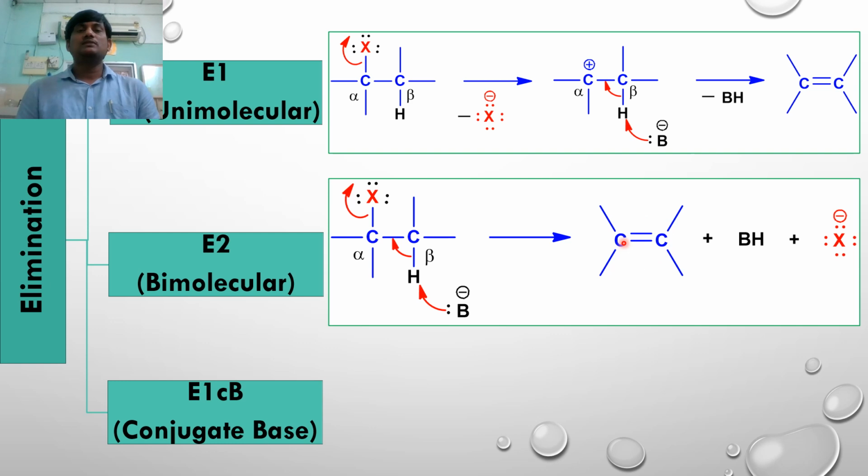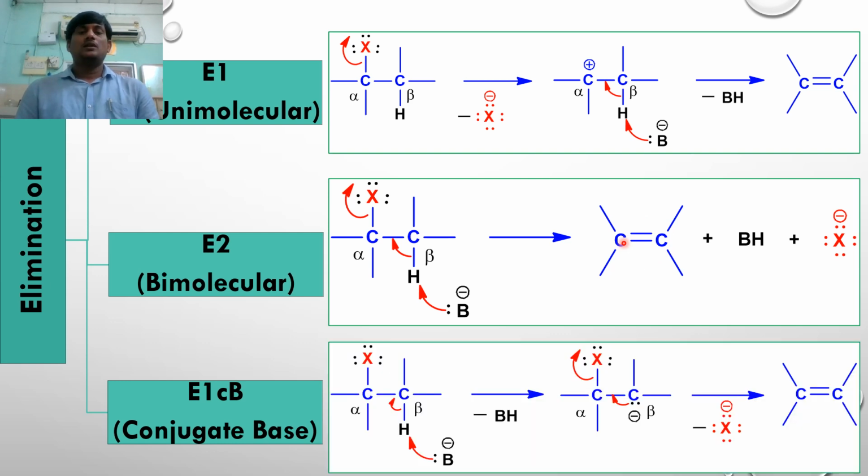If you take E1CB, here first there is an abstraction of a proton by the base and there is formation of a carbanion. This is the conjugate base of the alkyl halide. And in the second step, there is an elimination of halogen from the reaction center and formation of an alkene.